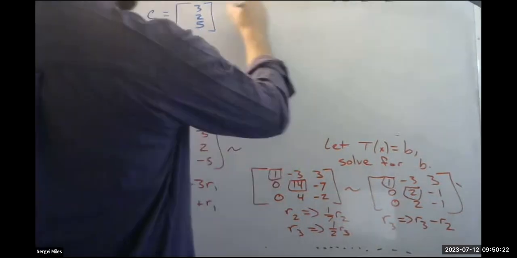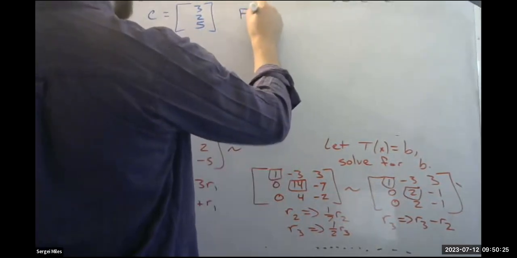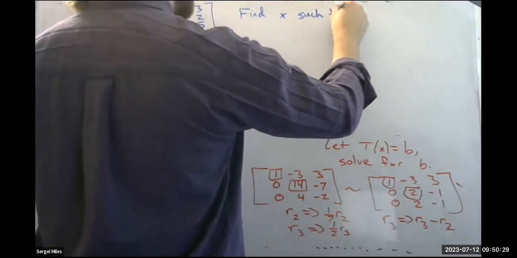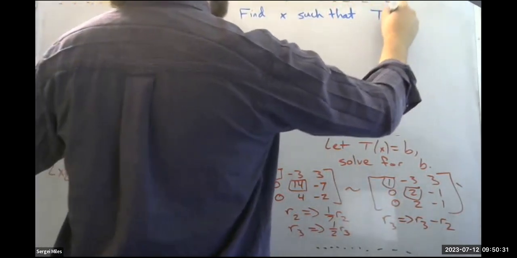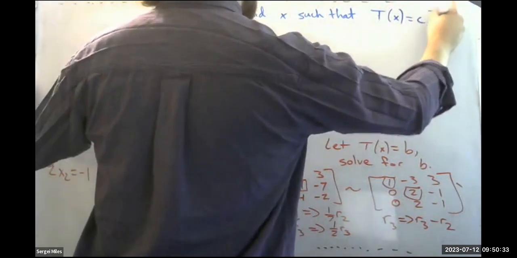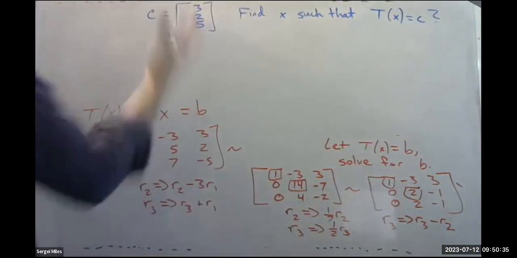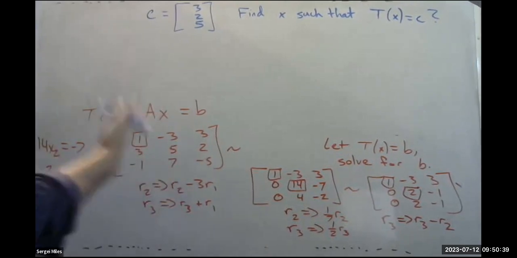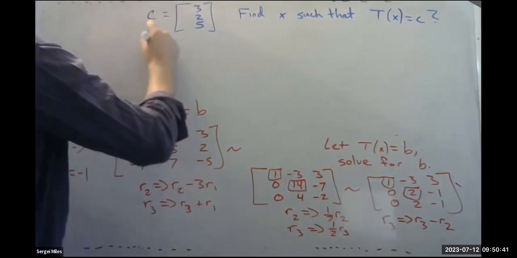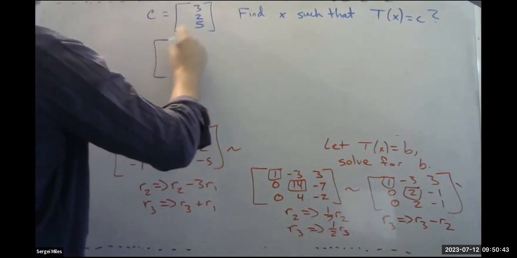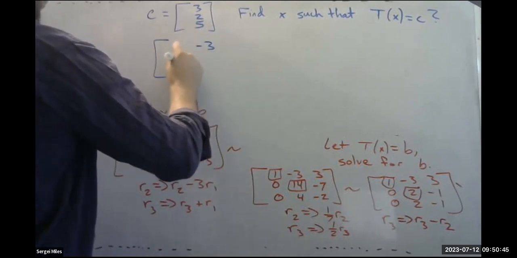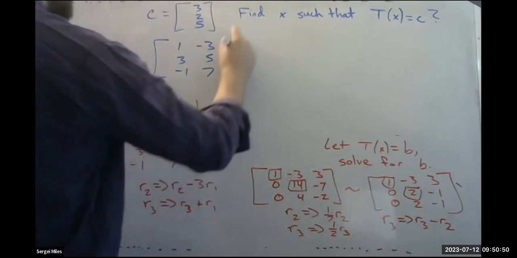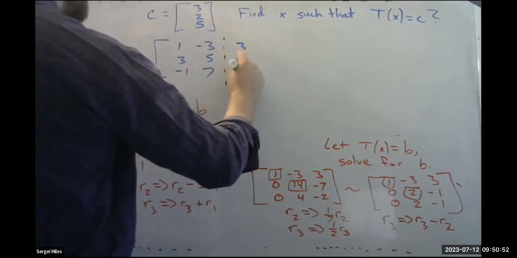And we want to find x such that T of x equals c. So it's the exact same problem we just did, except instead of the b vector, I want to augment with c. All right, here's my matrix A, 1, -3, 3, 5, -1, 7, augmented with c.